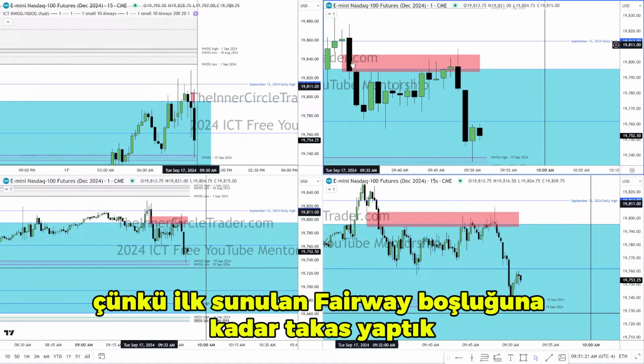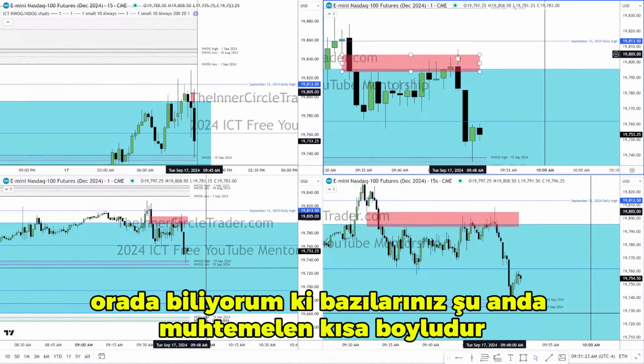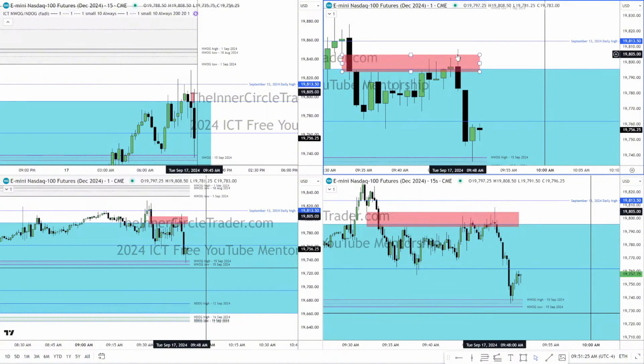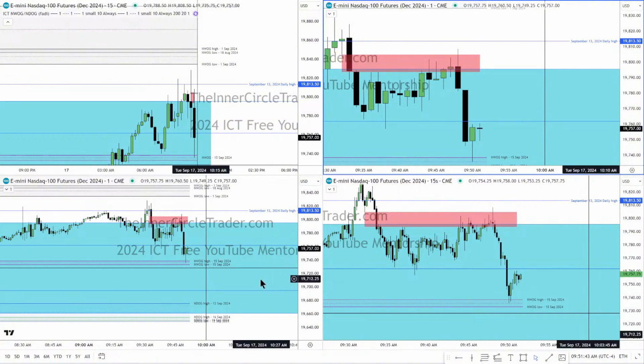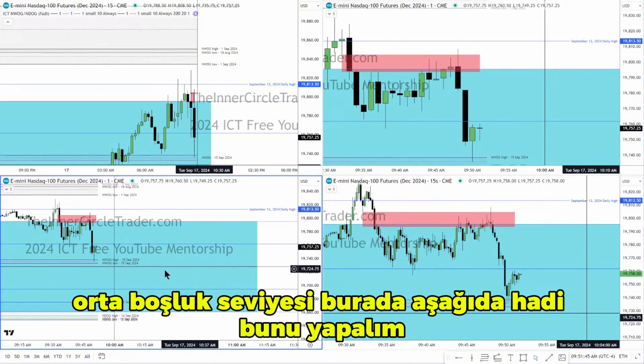Because we traded up into first presented fair value gap there. I know some of you are probably short right now. This is the mid gap level down here.